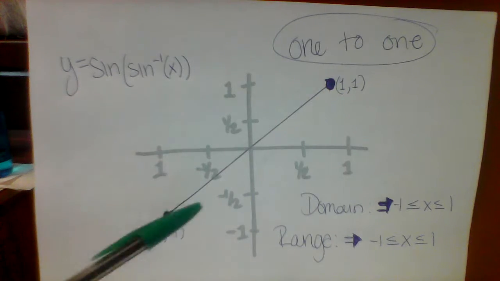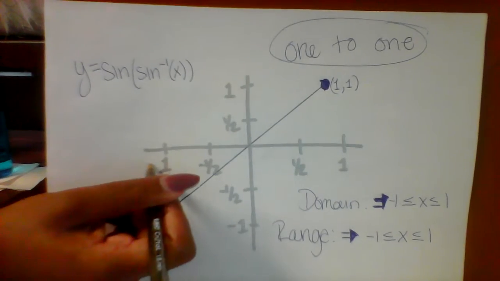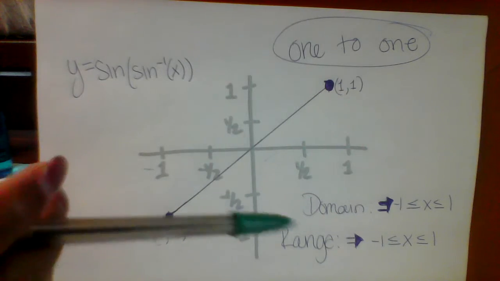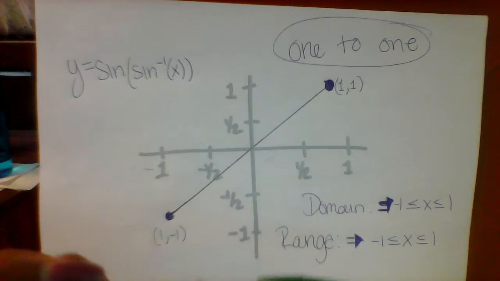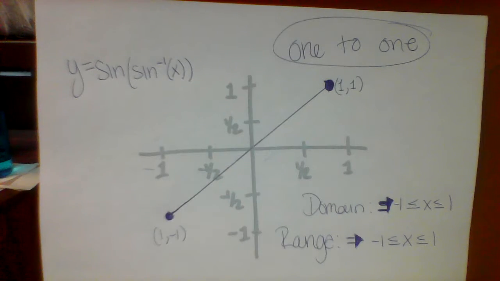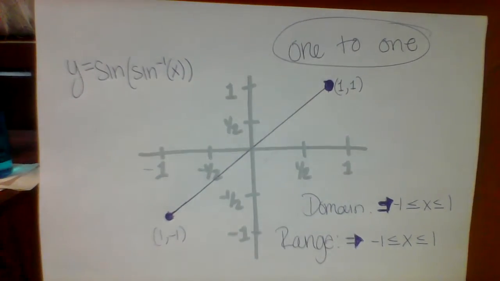As you can see, it doesn't go past negative 1 or past 1. And interestingly, the range is exactly the same. So the domain here is negative 1 to 1, and the range is negative 1 to 1. And if you're writing in interval notation, it'll look like this.